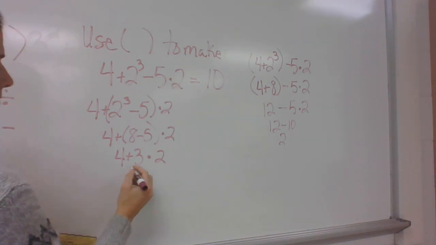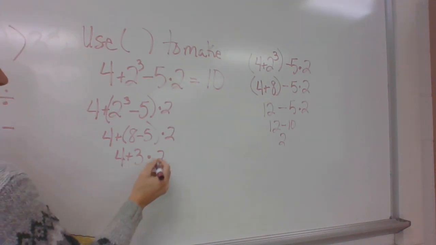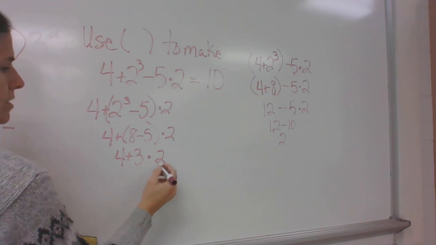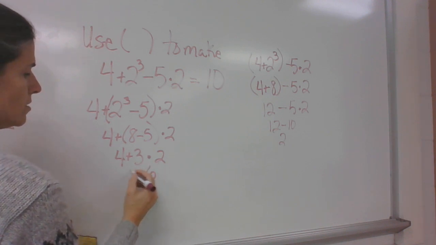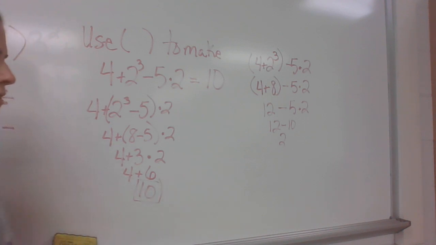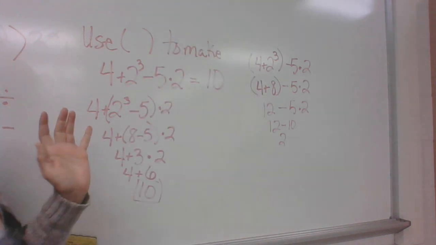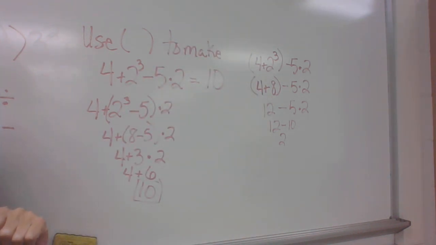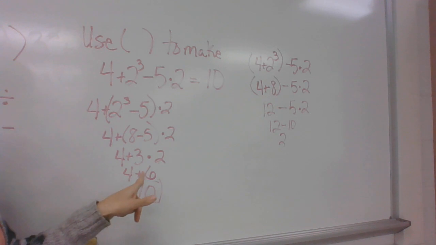Yep, you can see this. Okay. Multiplication comes first. 3 times 2 is 6 plus 4. That's how I got 10. This all is my work. I had to try a couple of things to make it work.